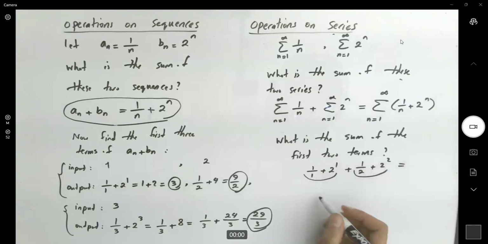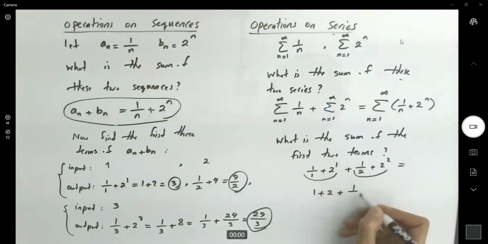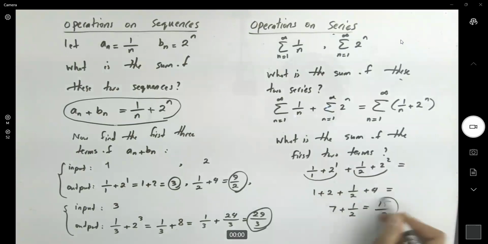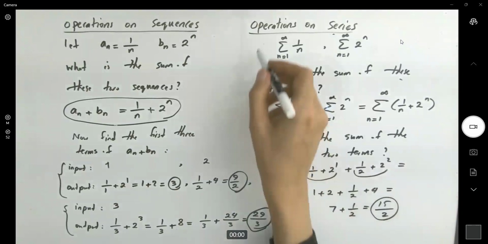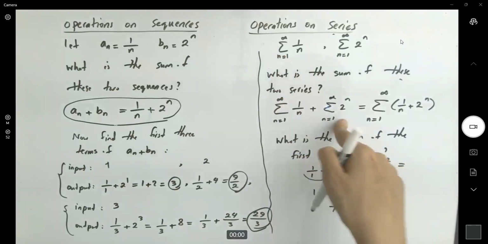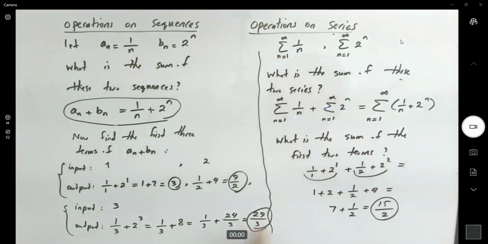So if you just do the algebra, you get 1 plus 2 plus a half plus 4, which is 3 plus 4, 7 plus a half, which is 15 over 2. This is the sum of the first two terms of this new series. So for a sequence, you have 3 terms, 25 over 3. But for a series, you have a single value, 15 over 2.